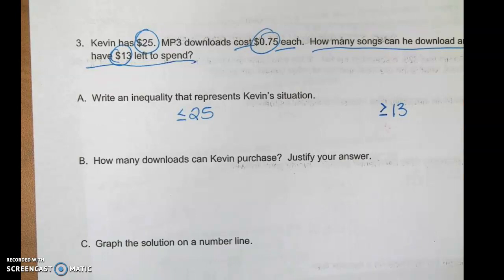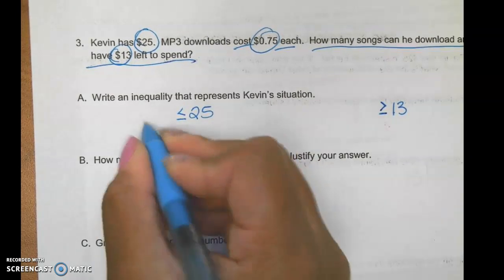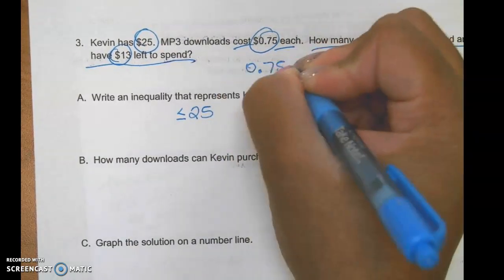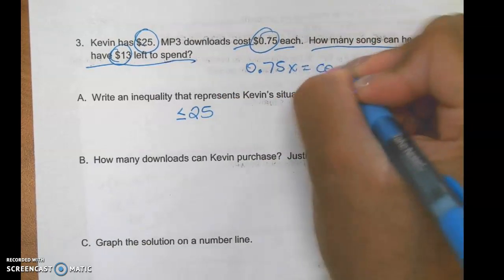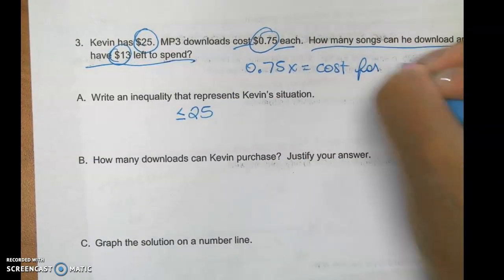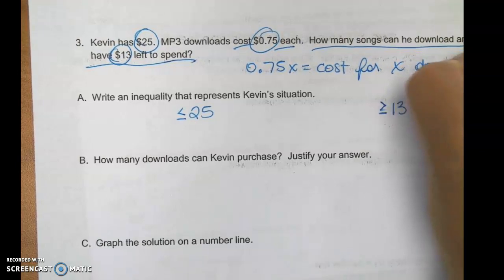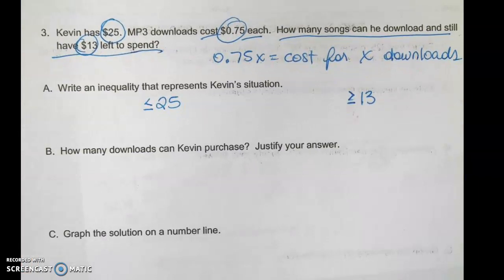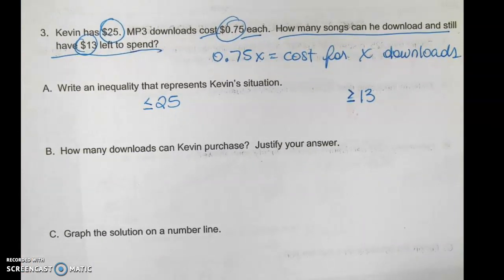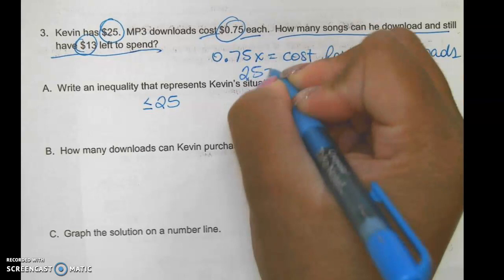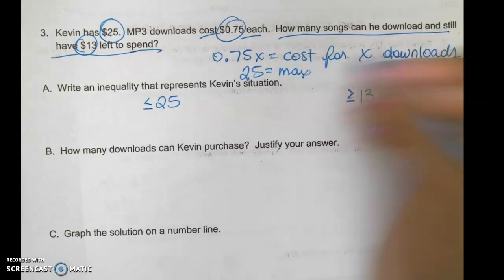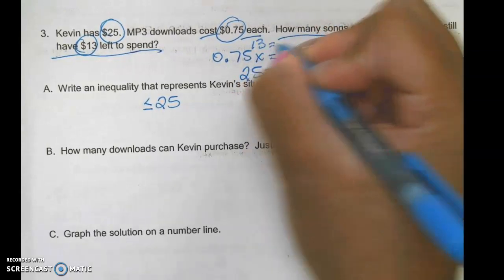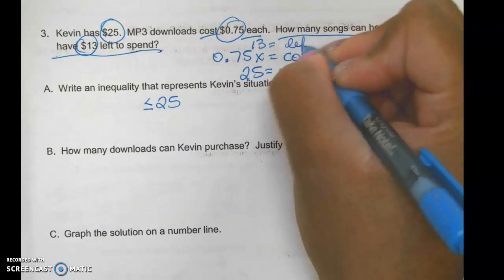Okay, watch what I do. So first, I have 75 cents each, 0.75. X is the cost for X downloads. $25 is your maximum that you can spend, and 13 is my leftover.